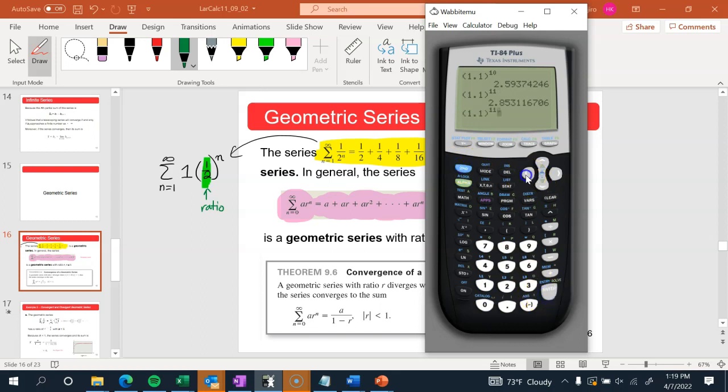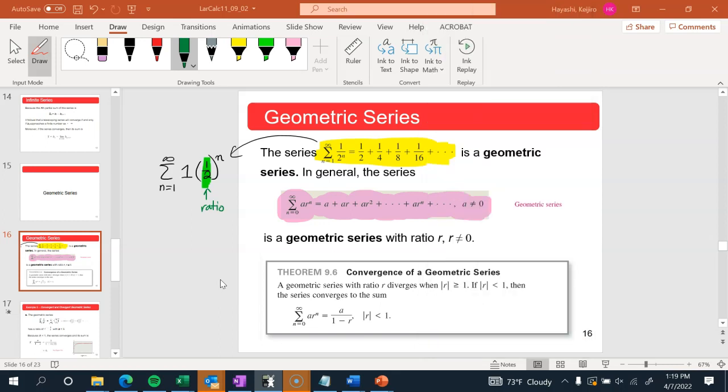And so if the ratio is greater than 1, the terms that you're adding together are literally growing. Each term is going to be bigger than the last one. And so of course, that would cause a series to diverge if you're adding together increasingly larger numbers as you go.